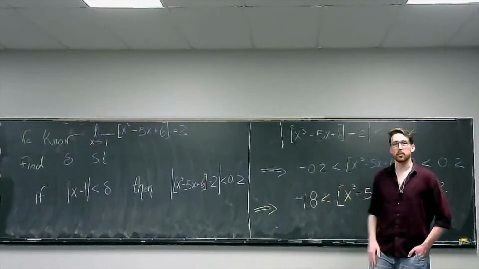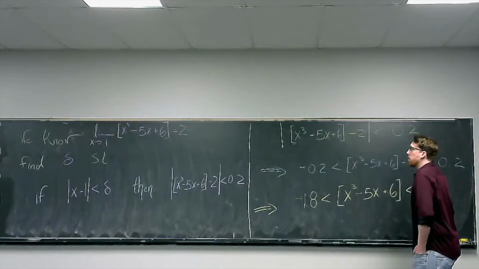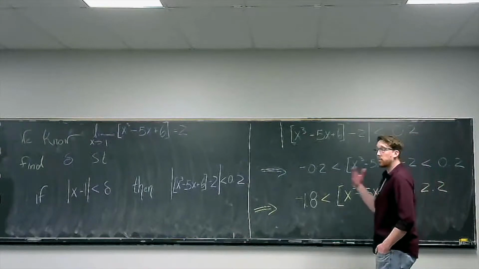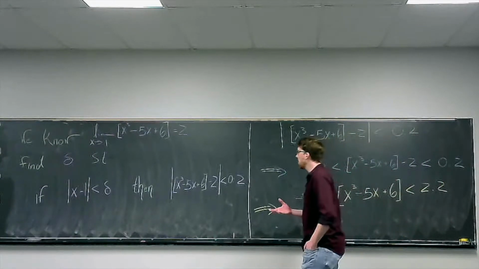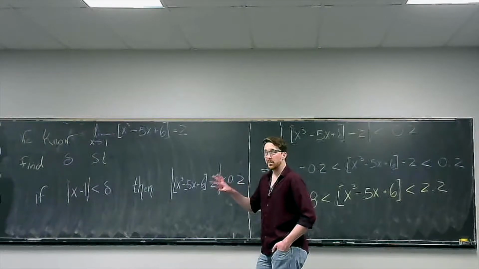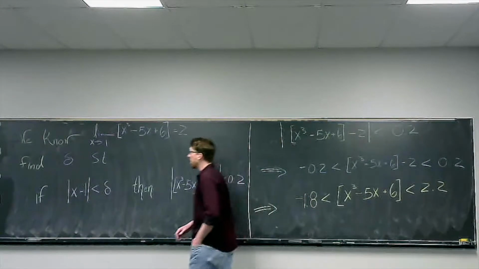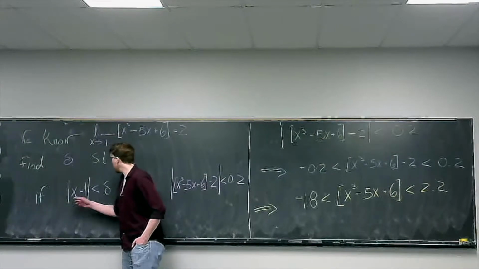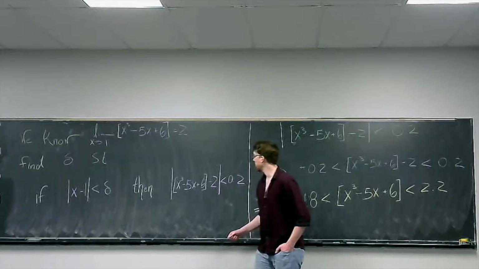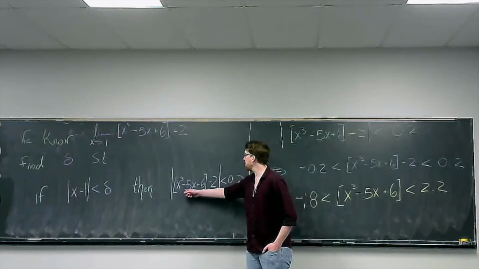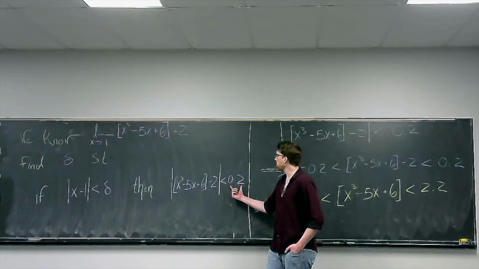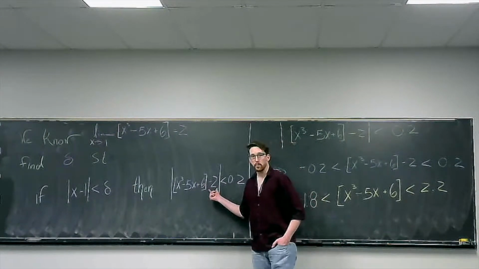But if we wanted to use the precise definition of the limit, we could find a delta such that if x is within delta of 1, then x cubed minus 5x plus 6 is within 0.2 of 2.